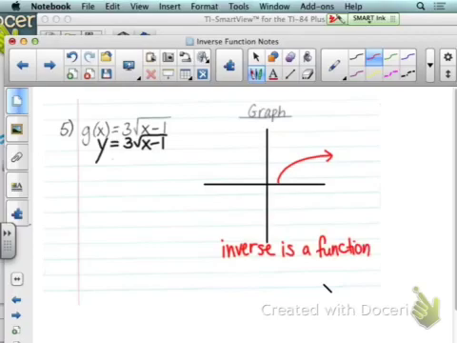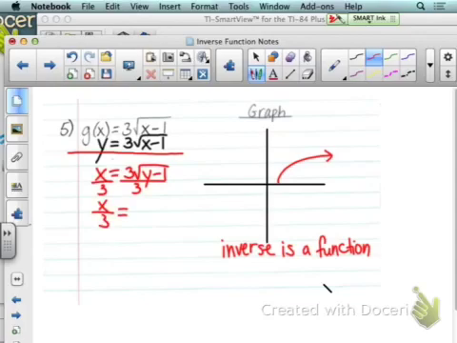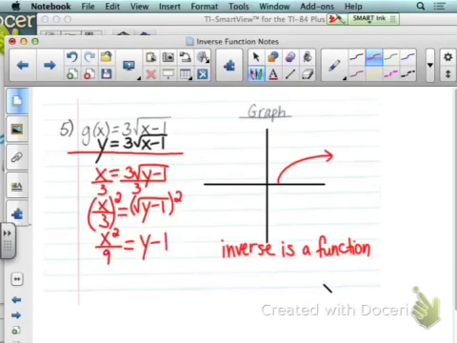So we are going to switch our x and y. We're going to start solving by dividing by 3. We're going to square both sides here, which will give us x squared over 9. And then we'll add 1.